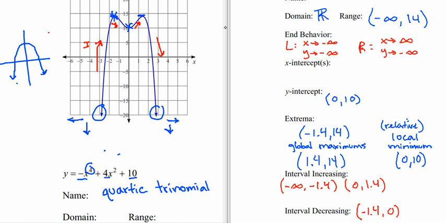That's your next maximum. Okay. And then at 1.4, it will start decreasing again, and it will decrease forever. That is in the positive infinity direction for the x values. Yes, the y values go down to negative infinity. Don't care. Decreases forever. That tells us it's going to go down towards negative infinity.